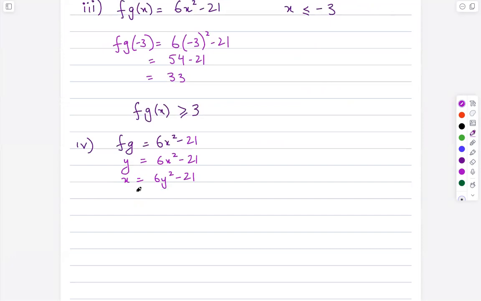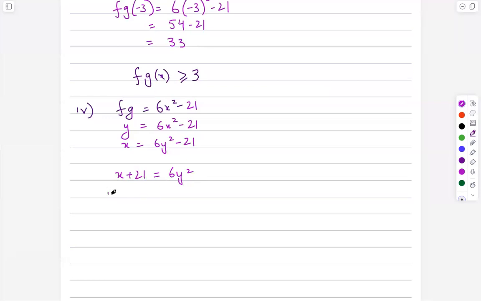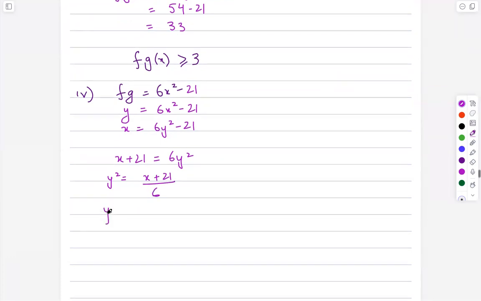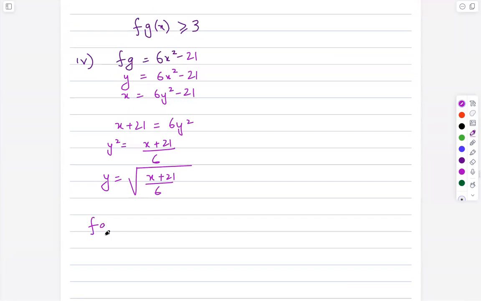Taking 21 to the left-hand side, that will become x plus 21 is equal to 6y squared. Now dividing by 6, we'll get y squared is equal to x plus 21 upon 6. Taking the square root, y will be equal to the square root of x plus 21 upon 6. So we can write that the fg inverse function will be equal to the square root of x plus 21 upon 6.